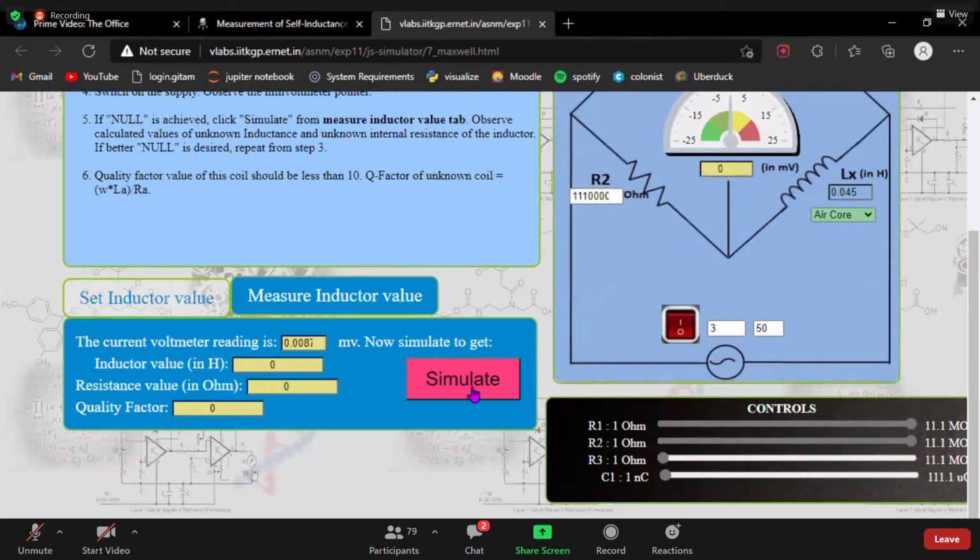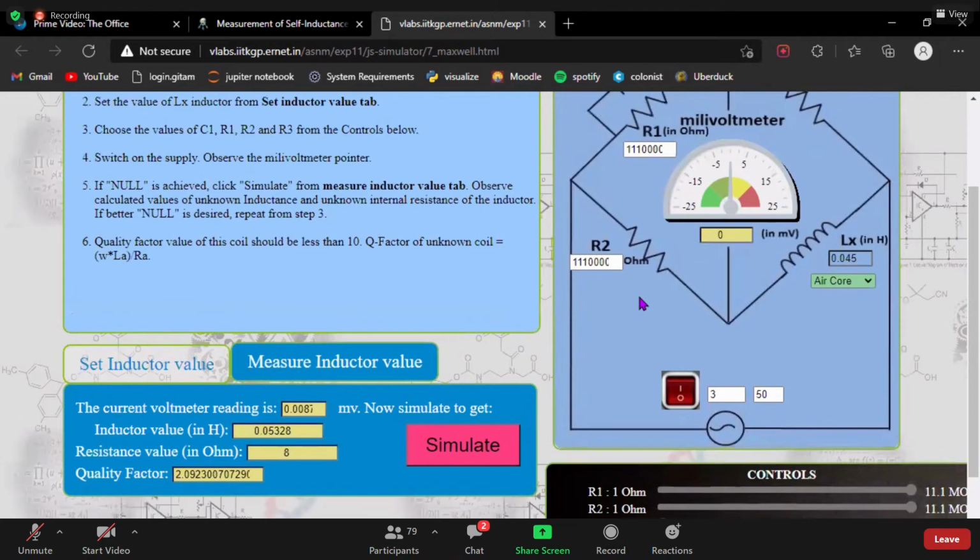See here, the inductor value is 0.053. Little bit more than the inductor which you are using. You have to understand again, you have to decrease the voltmeter reading by varying the different values. But you got nearly the exact value of 0.045. Very good for that.